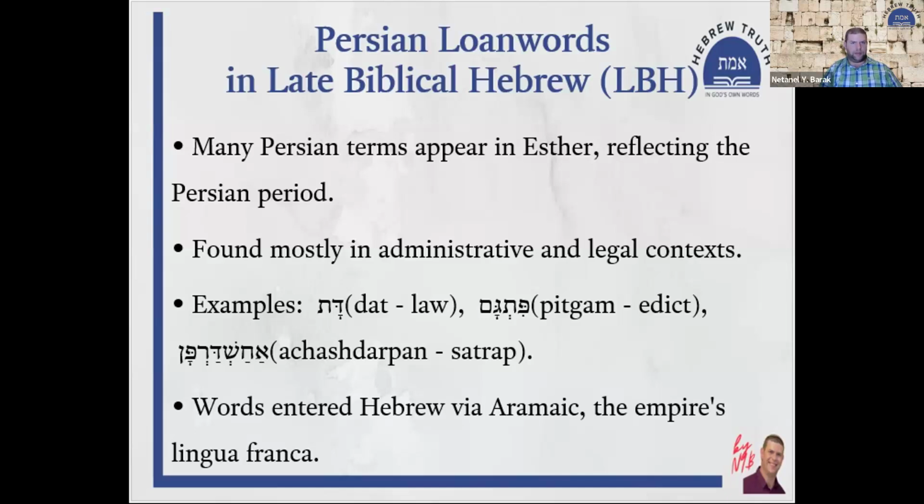Now, this may come as a surprise because they had a language, okay? Nonetheless, even though they had their own language, they chose to use Aramaic as the language with which they ran their empire in the Middle East. Why is that, guys? Anyone knows?